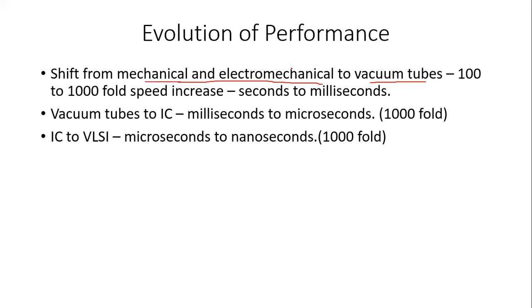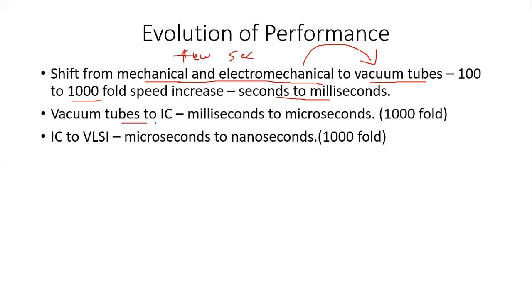During the shift to vacuum tubes, the speed of the devices increased by 1,000 fold. With mechanical or electromechanical technology, we could perform one operation in a few seconds, but with vacuum tubes, the same task could be completed in a few milliseconds. So the speed increased from seconds to milliseconds.